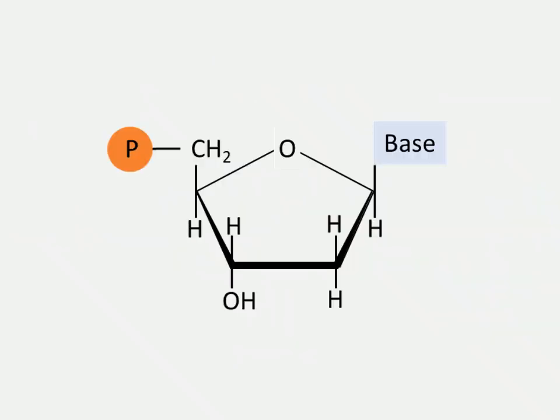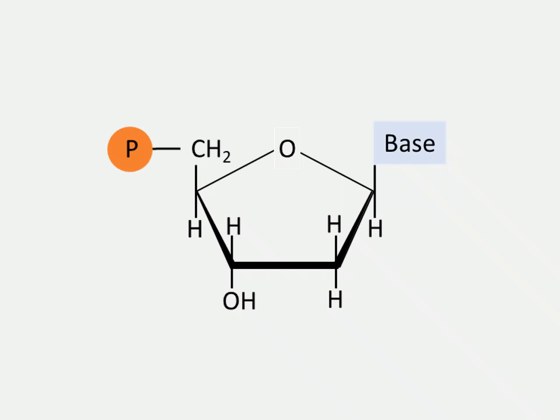Let's take a moment to quickly recap the structure of nucleotides and DNA as a whole, because this will impact how the DNA is replicated. Firstly, remember that a nucleotide is composed of a 5-carbon or pentose sugar, a phosphate group, and a nitrogenous base.